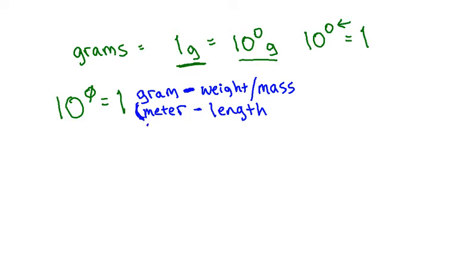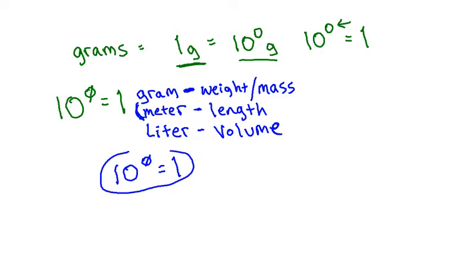in chemistry. Oh, and also we have liter. There's a liter, and that is volume. If you have 2 liters of soda, that's the volume of soda you have in the bottle. So if we want to talk about 1 liter or 1 meter or 1 gram, we are talking about 10 to the 0 power, which equals 1.